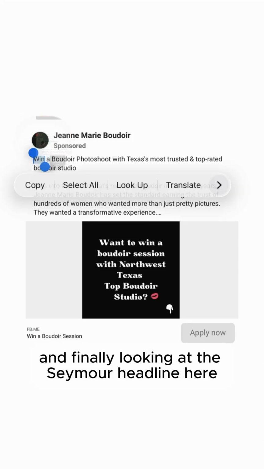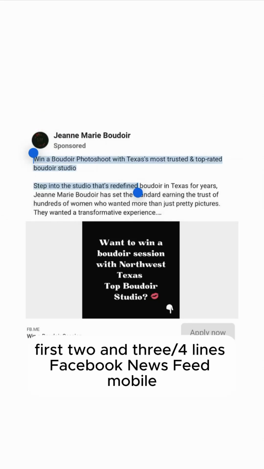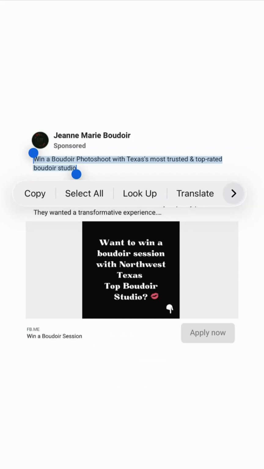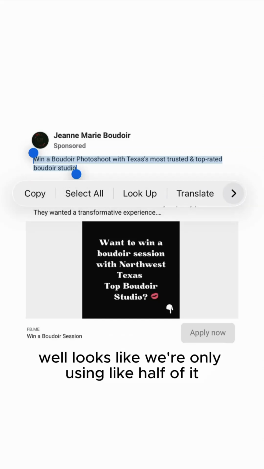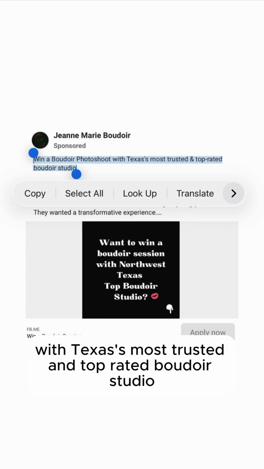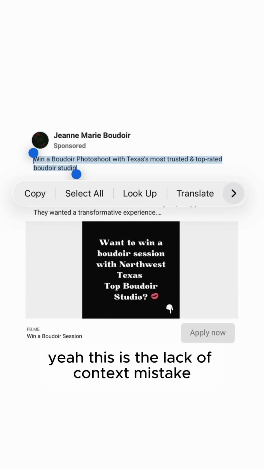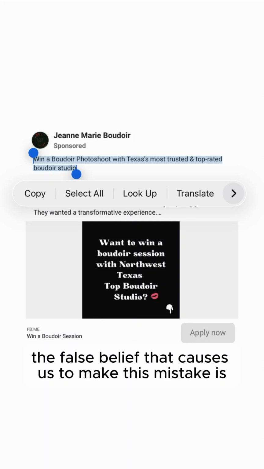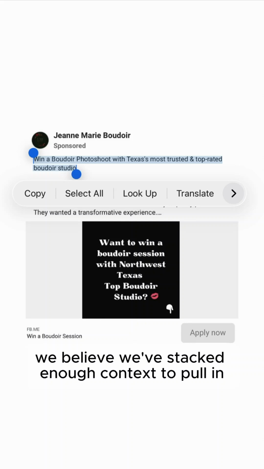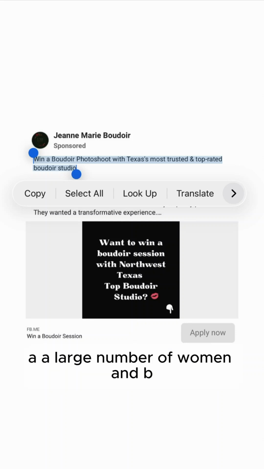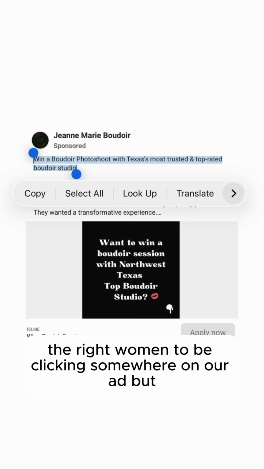And finally, looking at the see more headline here, first 2 3/4 lines, Facebook newsfeed mobile. Well, it looks like we're only using like half of it. But let's see: winning Boudoir photo shoot with Texas's most trusted and top rated Boudoir studio. So this is the lack of context mistake. The false belief that caused us to make this mistake is we believe we've stacked enough context to pull in A, a large number of women, and B, the right women to be clicking somewhere on our ad.